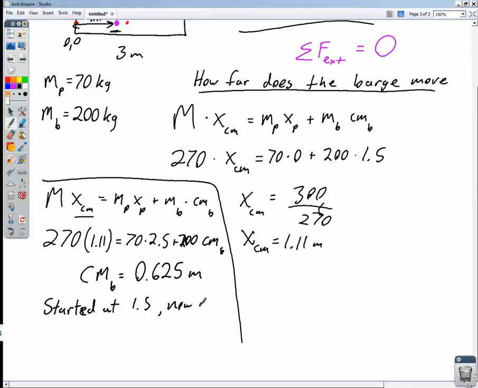It's now at 0.625. So if we subtract those, we see how far the barge moved to the left. I think I said right earlier. How far it moved to the left, and we end up with 0.875. So it moved 0.875 meters to the left.